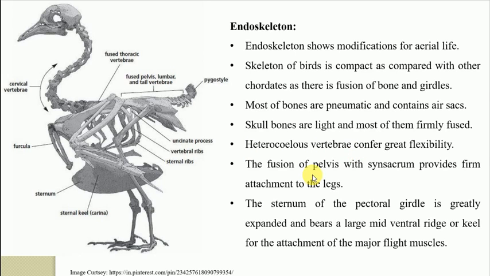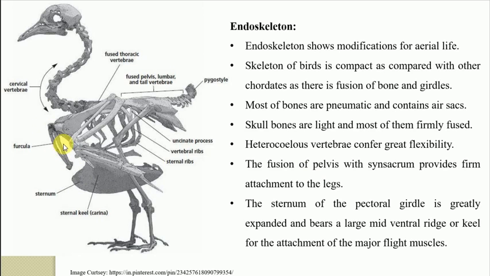The fusion of the pelvis with the sacrum provides firm attachment to the legs. And the sternum of the pectoral girdle is greatly expanded, and it bears a large mid-ventral ridge, known as a keel, and that keel is useful for the attachment of the flight muscles.